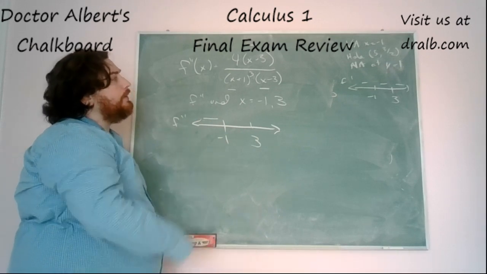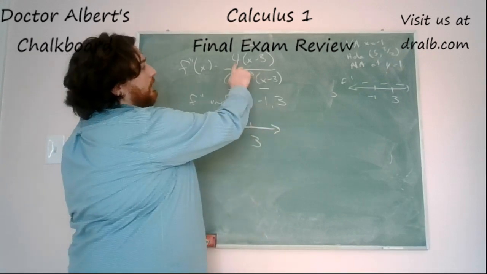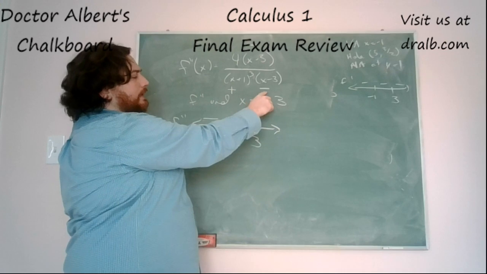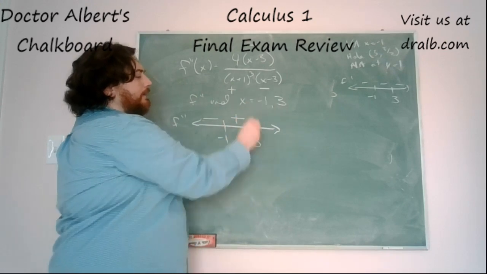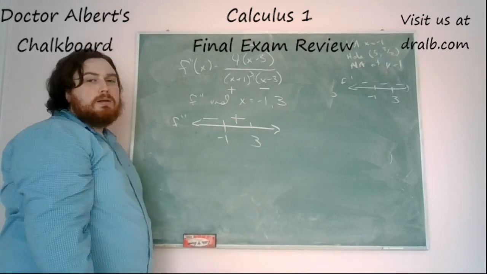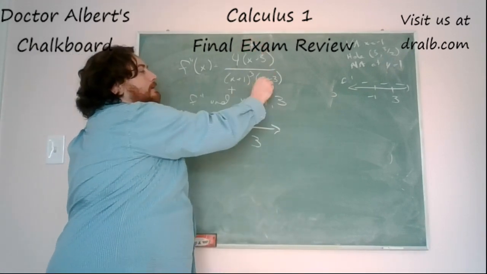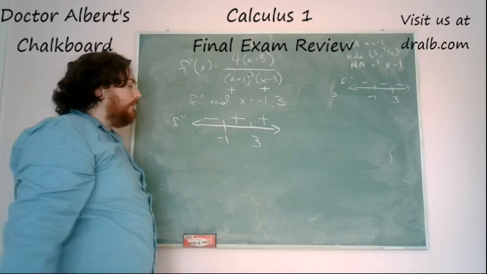Between negative 1 and 3 would then be 0. So 4 times a negative is negative. This becomes positive. This is still negative, so negative over negative is positive. And then if I continue, I'm going to plug in 4. So I get positive, positive, positive is positive.